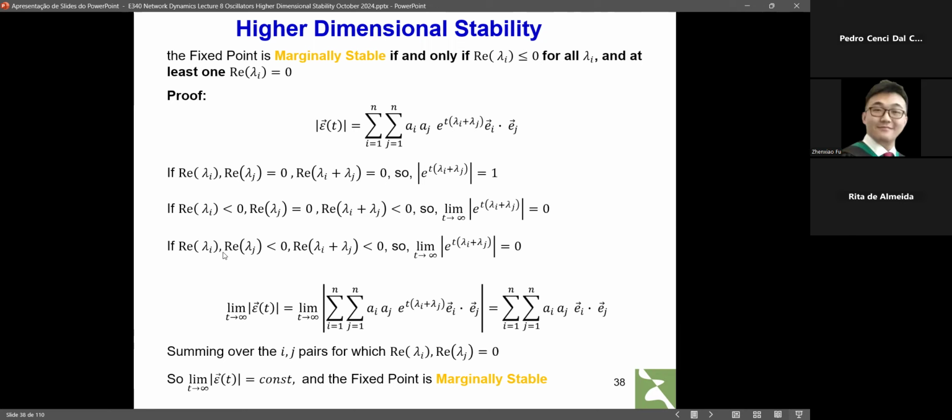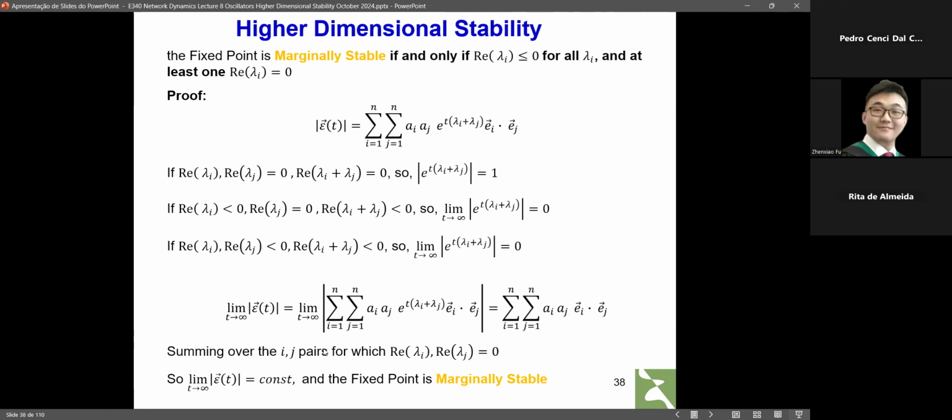Here again, you take all the possibilities: both are 0, one is 0 and the other is less than 0, both are less than 0.